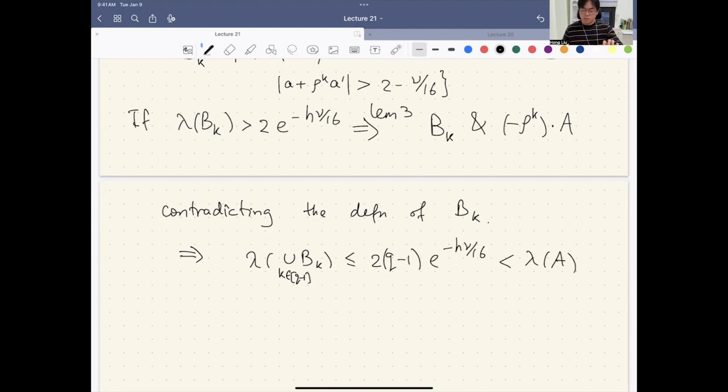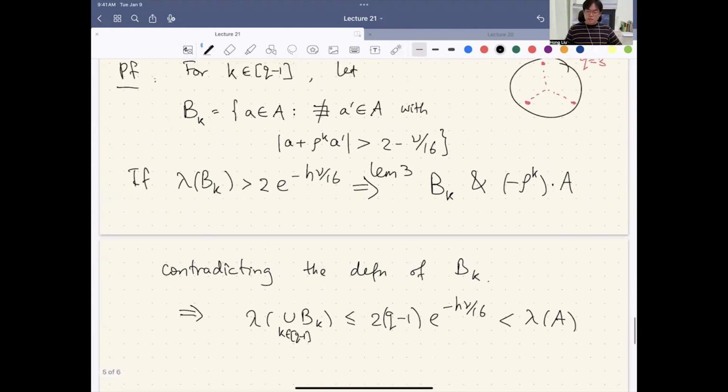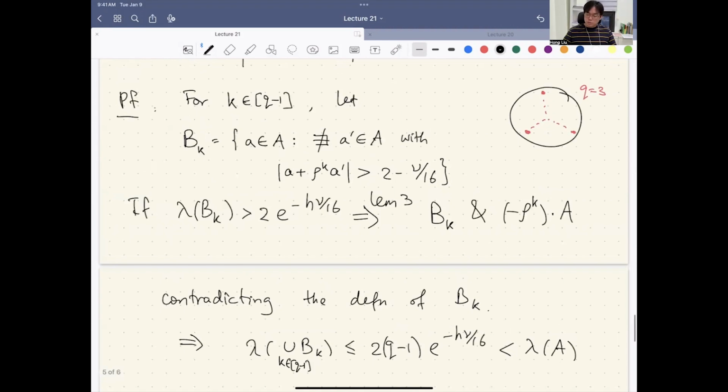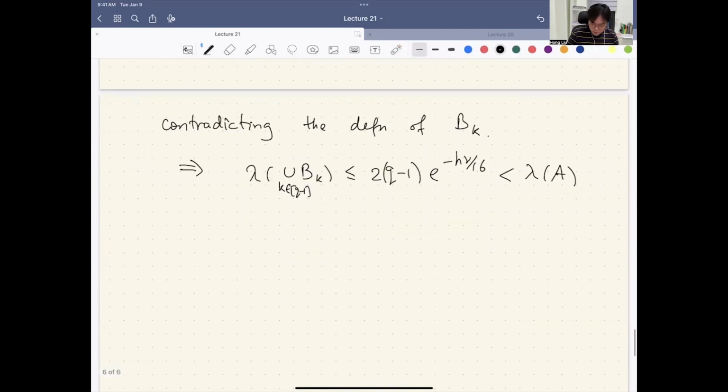Okay, that means there are some points in A that do not lie in any of these BK. And you can pick an arbitrary point there, and this point means in every rotation, there's some guy here. So this implies A minus BK is non-empty.